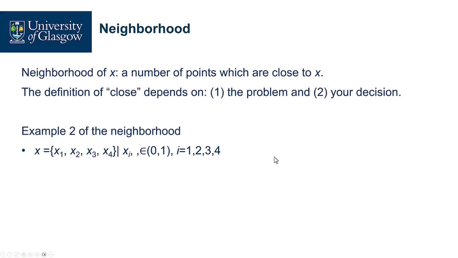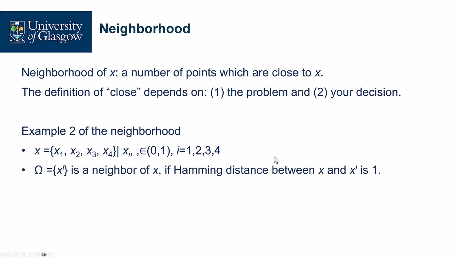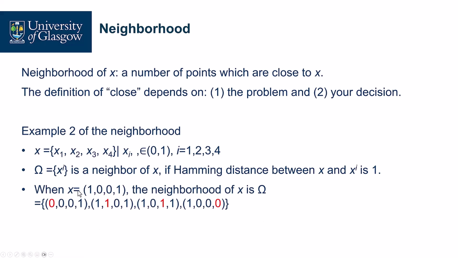Now we will define such a neighborhood. How do we define it? We can say the Hamming distance between x and xi is 1. Let's say if x is (1, 0, 0, 1), then what is the neighborhood? We just change any 1 to 0 or any 0 to 1. By changing it, we generate 4 solutions.